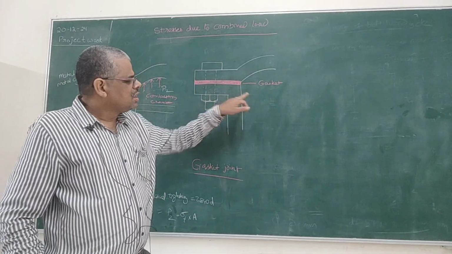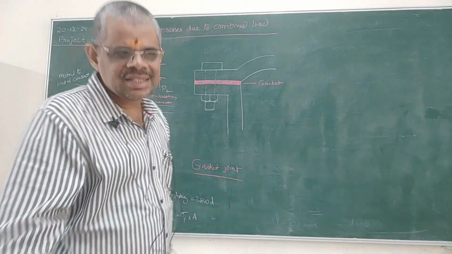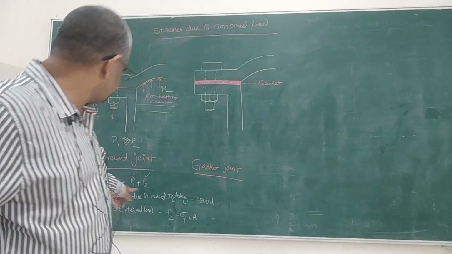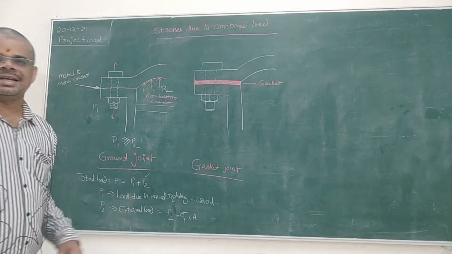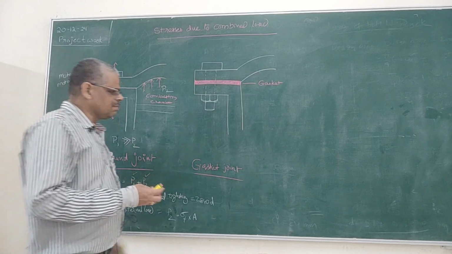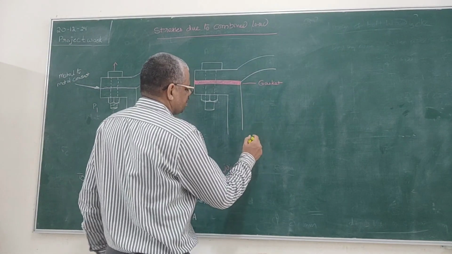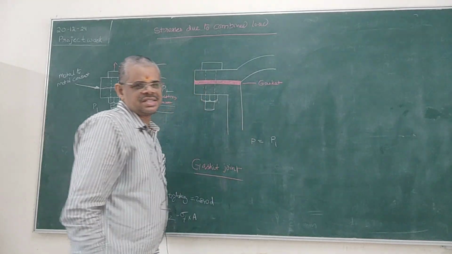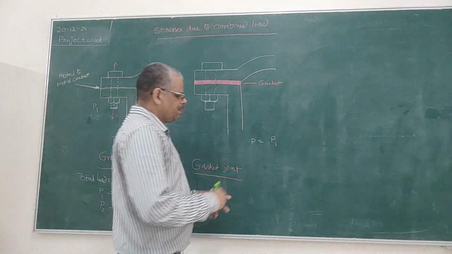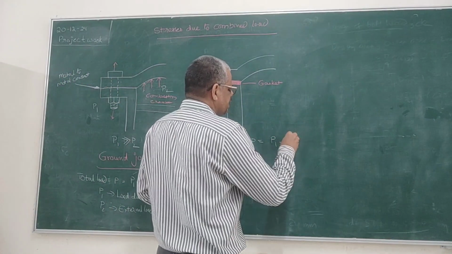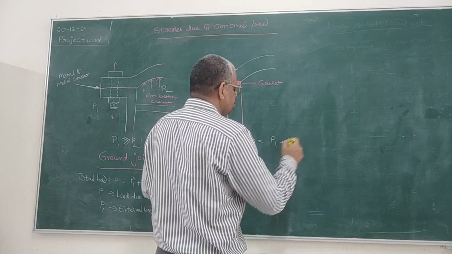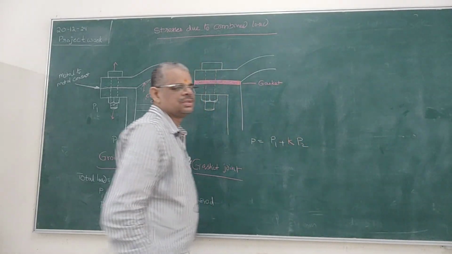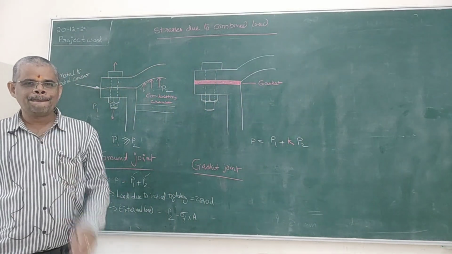Right? So when you are using this gasket, then this formula differs slightly. Now this formula will become P is equal to P1 plus K into P2.